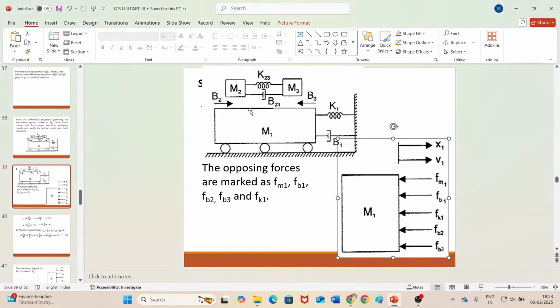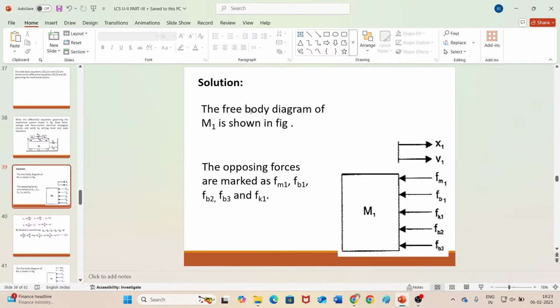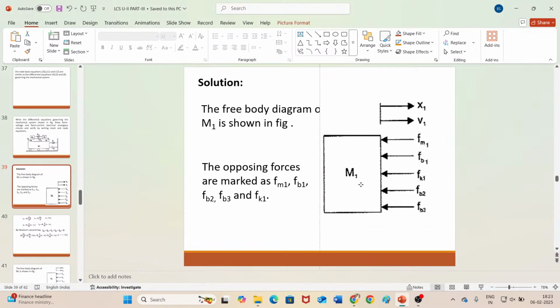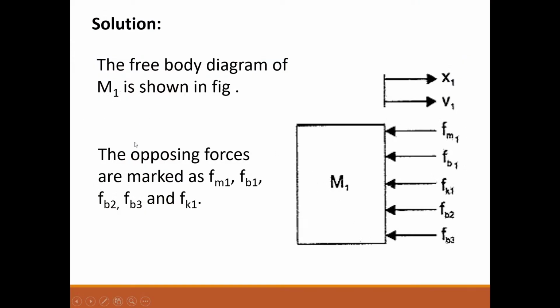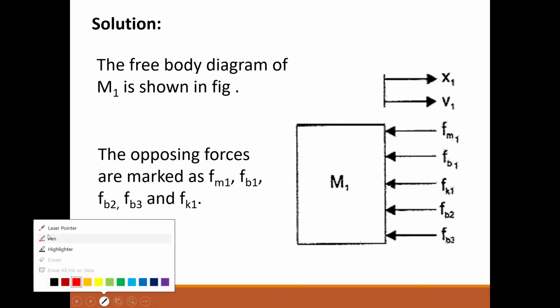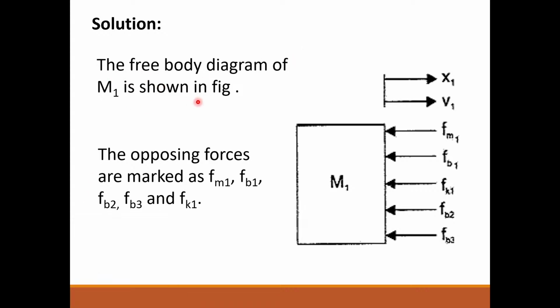I will just remove the actual given mechanical system. So the free body diagram of mass M1 is this. Here at mass M1 there are no applied forces, only opposing forces. You just mention the opposing forces and draw it.